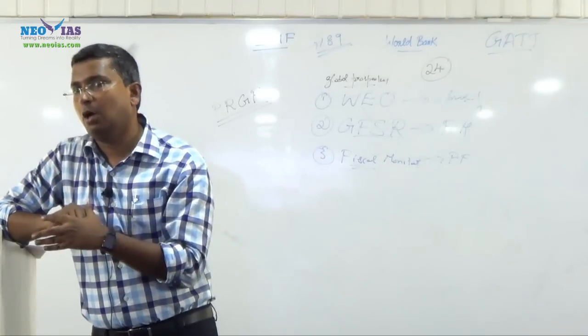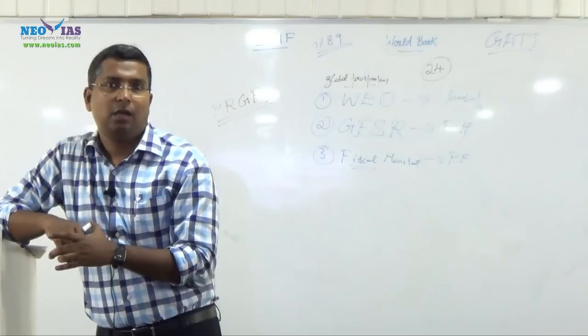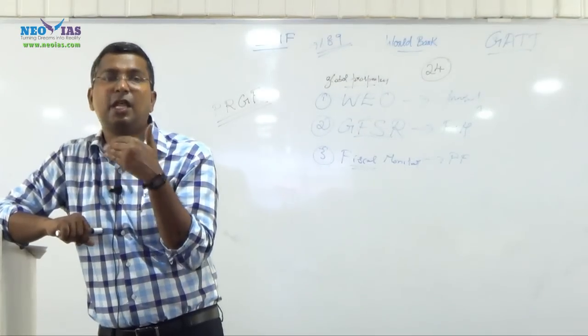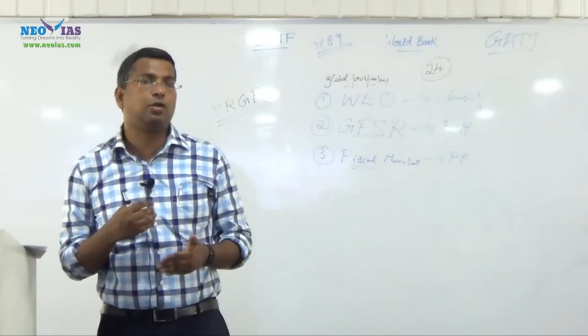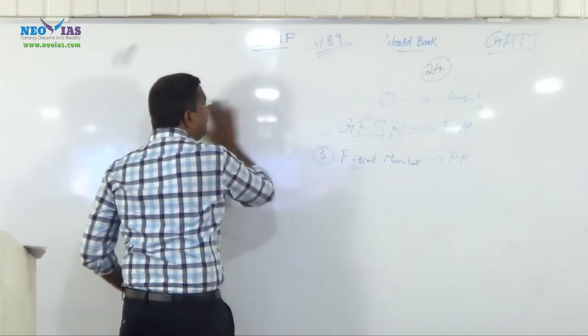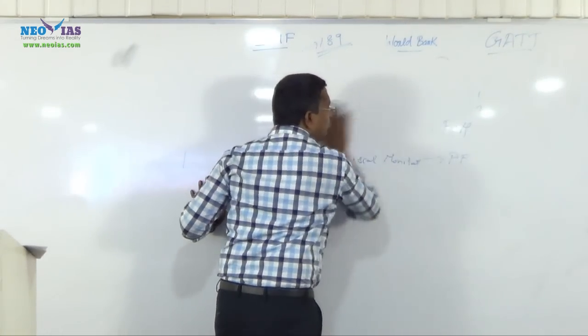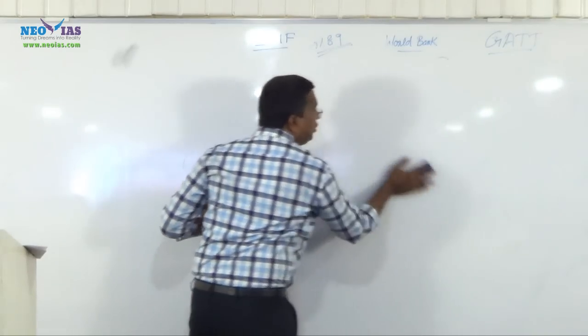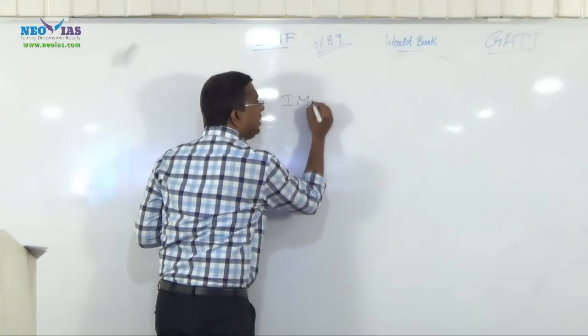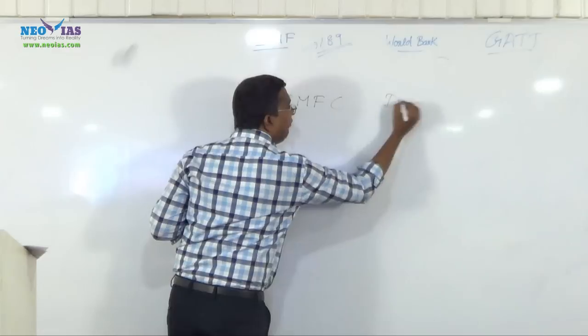Now to assist or to advise the board of governors, which is the highest decision making body, there are 2 committees: the IMFC, International Monetary and Financial Committee, and the Development Committee. So to advise the board of governors, there are 2 committees. One is the IMFC and the other is the Development Committee.